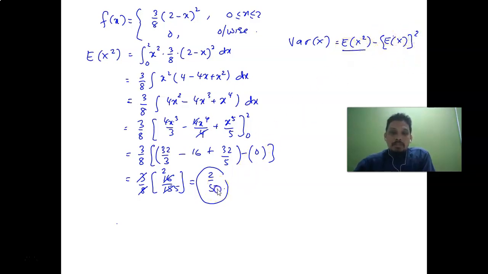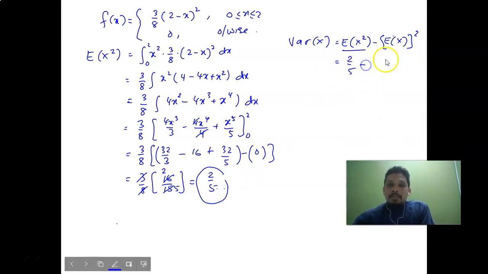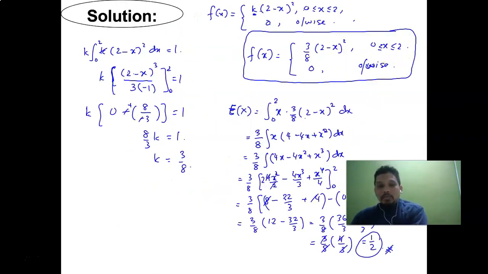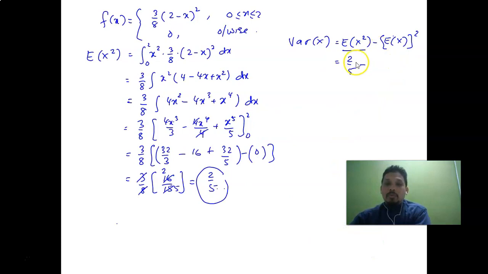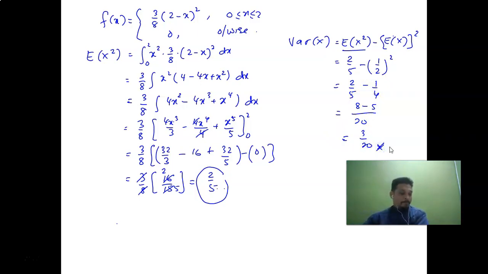So E(x squared) is already here, 2 over 5, minus, so E(x) equal to half or 1 over 2. 1 over 2 squared. 2 over 5 minus 1 over 4. 5 times 4 equal to 20. So 2 times 4 equal to 8 minus 1 times 5 equal to 5. 8 minus 5 equal to 3 over 20. Okay, so that is the value of the variance of x.